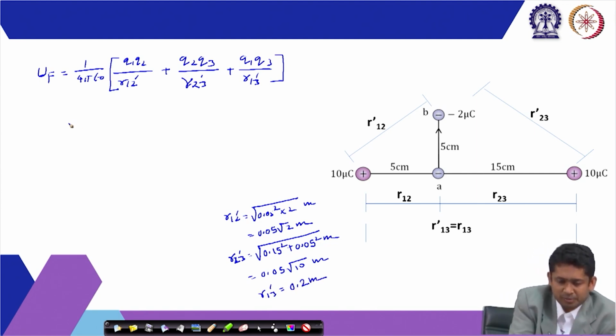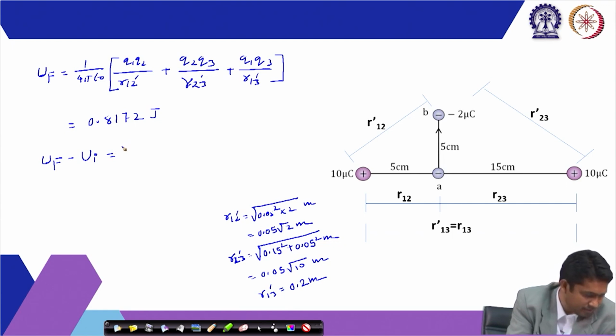Once we put all these values here, Q1, Q2, Q3 we already know, then UF comes to be 0.8172 joule. Now, if we subtract UI from UF, the value comes to be 1.1172 joule.